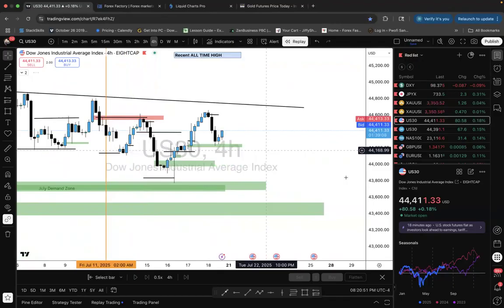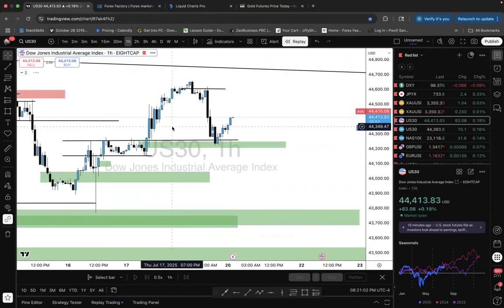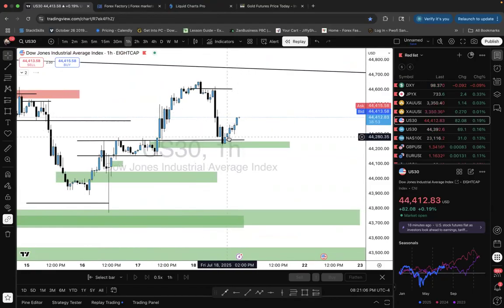But we can all tell right now that price did respect the 4 hour low. And that's good enough for us to understand what the potential direction will be. Once price retests the 4 hour lows, up and away we go.